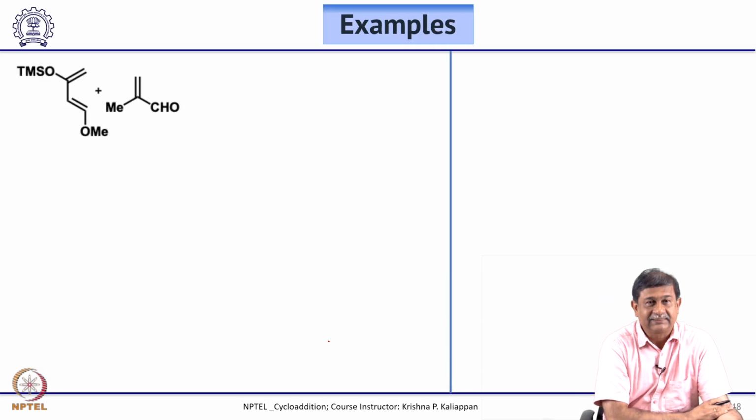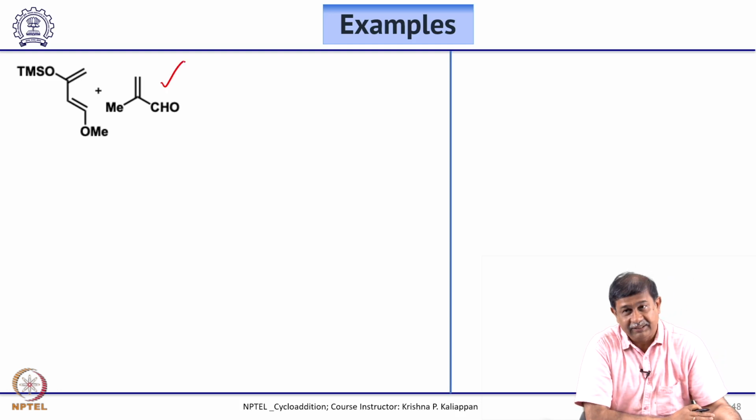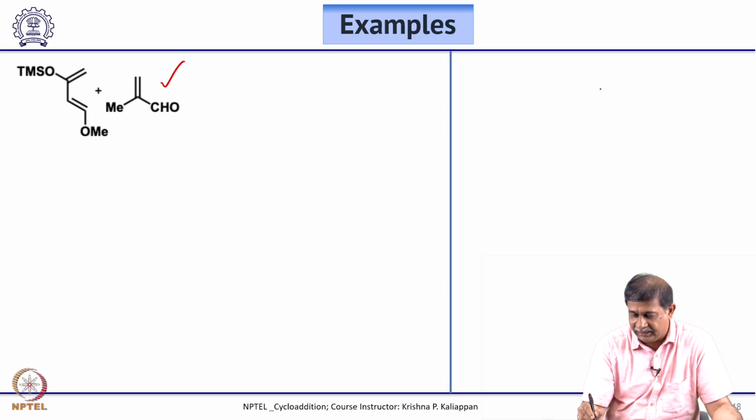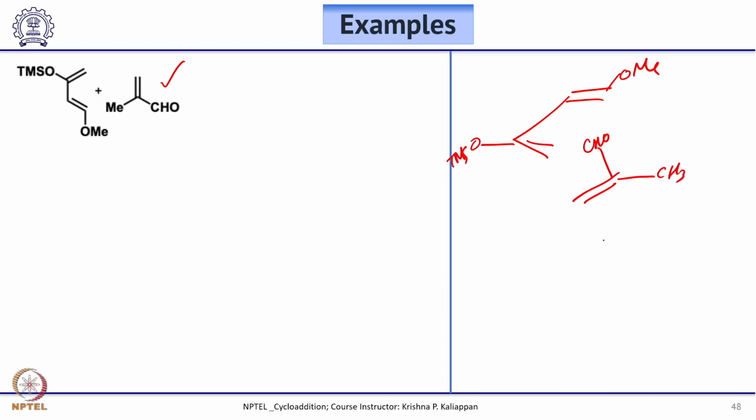So you can extend this with Danishefsky diene instead of alpha beta unsaturated ester, which we have discussed. Now if you use methacrolein, again you can use the same transition state. This is how it will form, and if this happens, the aldehyde will go inside and methyl will be outside, and later upon hydrolysis, you will get this compound.